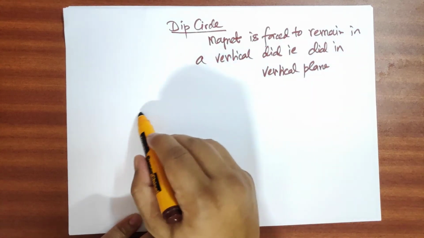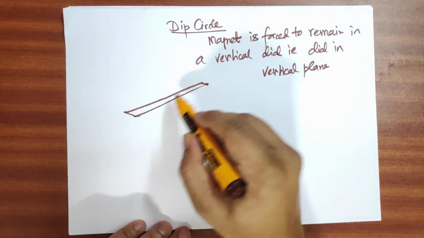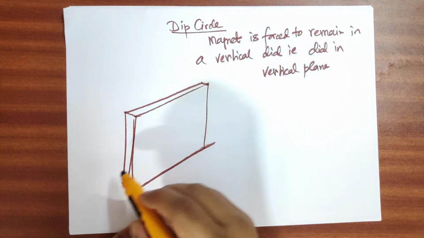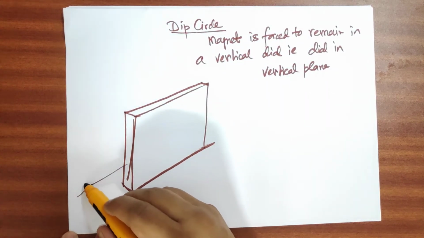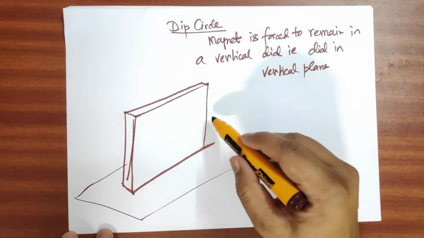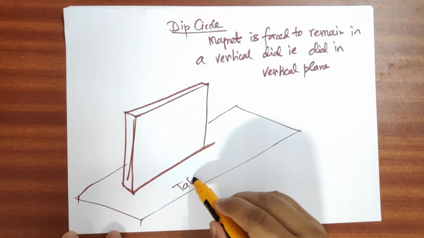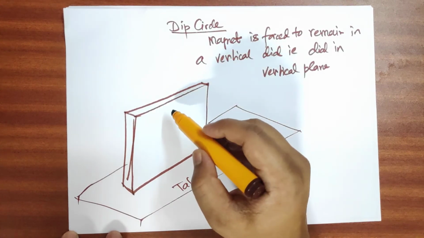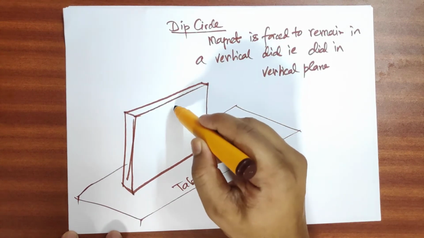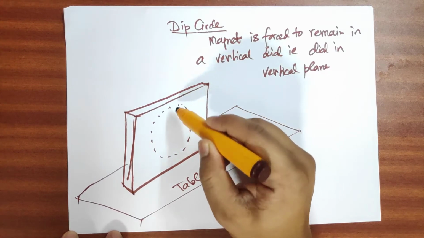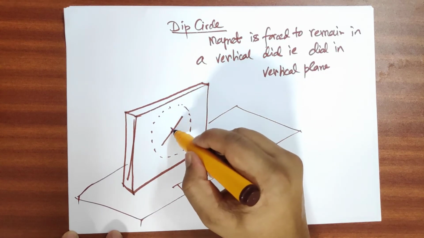Now I'll show you that. Simple as that. This is a vertical plane. A very simplified thing I'm saying. That's a table, and on the tabletop there is a needle. There are graduations here, and this is the needle. Magnetic needle.